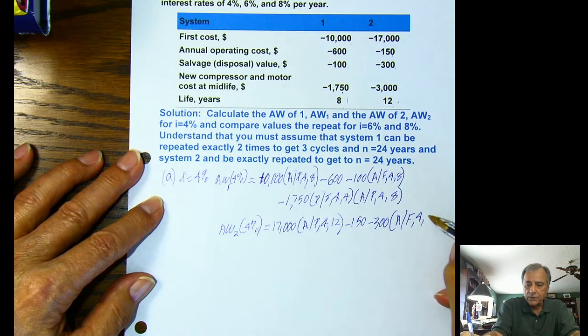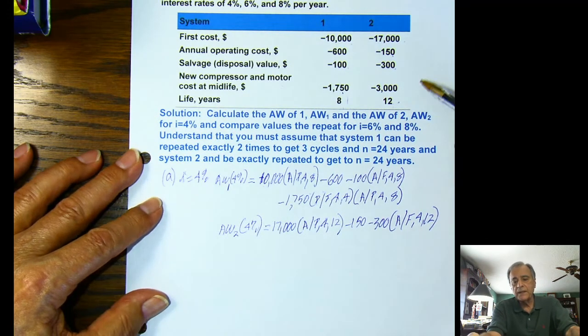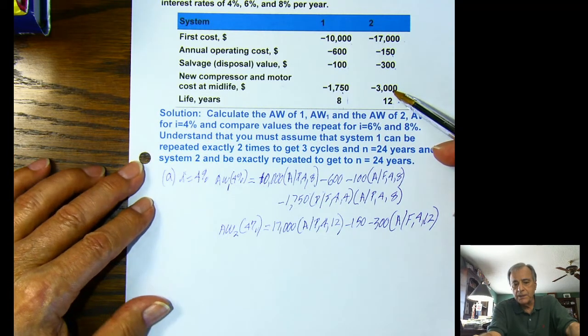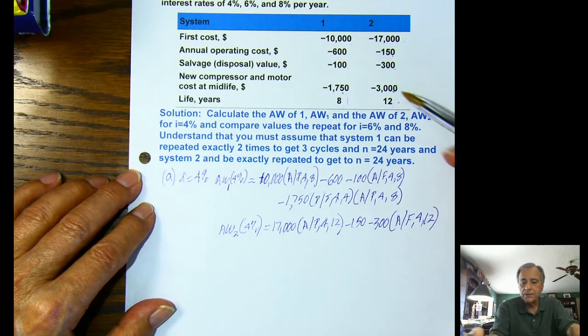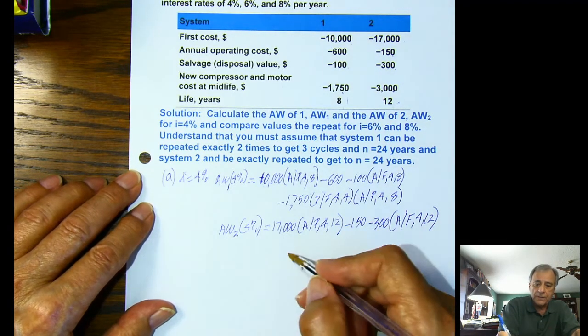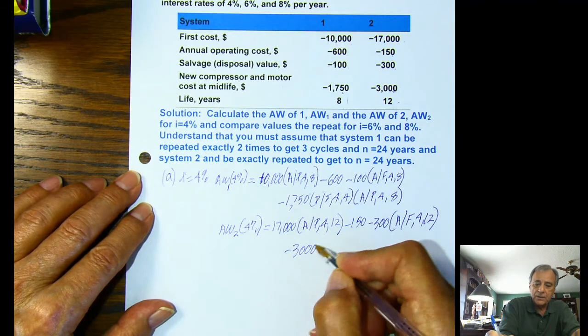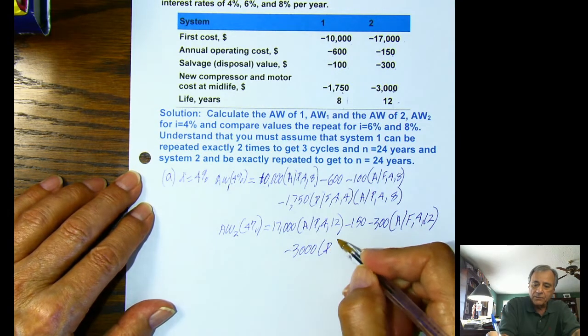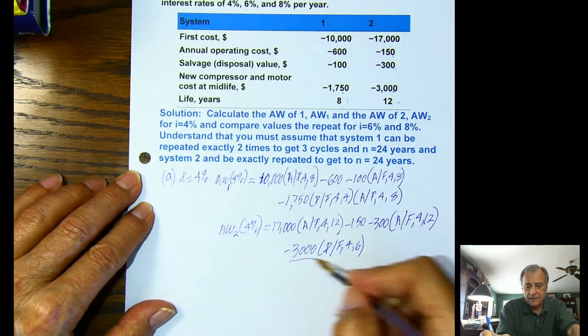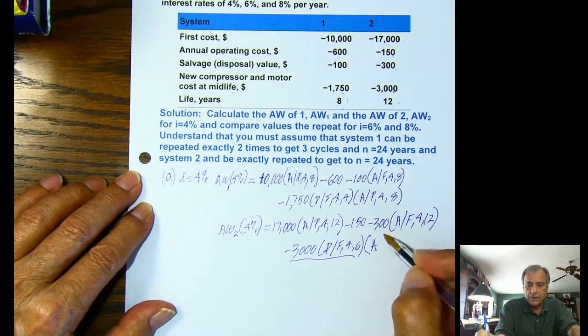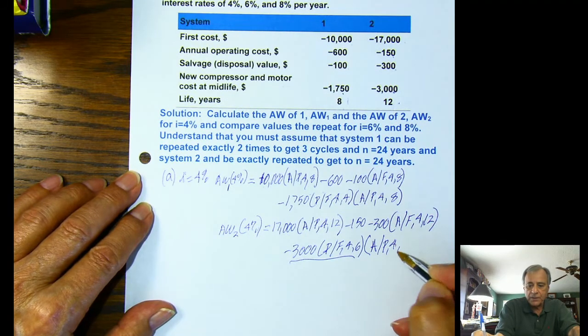4% for 12 years. And then finally, we have this mid-life compressor change out of $3,000 at year 6. Mid-life is year 6 on this system, so it's going to be minus $3,000. Bring it back to the present, P given F, 4% for 6 years, and then take that and spread it over the 12 years at 4%.